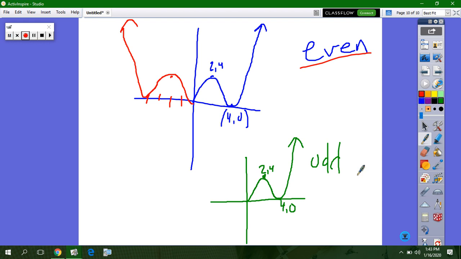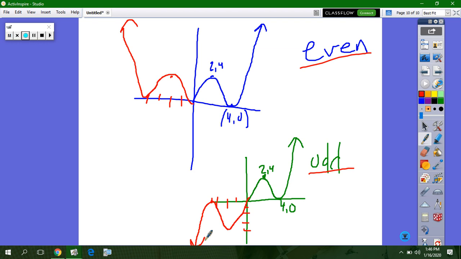Okay, odd graph. What would it be? So it would go over and down, right? So it'd be negative 2, negative 4. Does that make sense to everybody? And then it'd be negative 4, 0. So we'd go like such, then we come down, don't we? Does that make sense how that works?